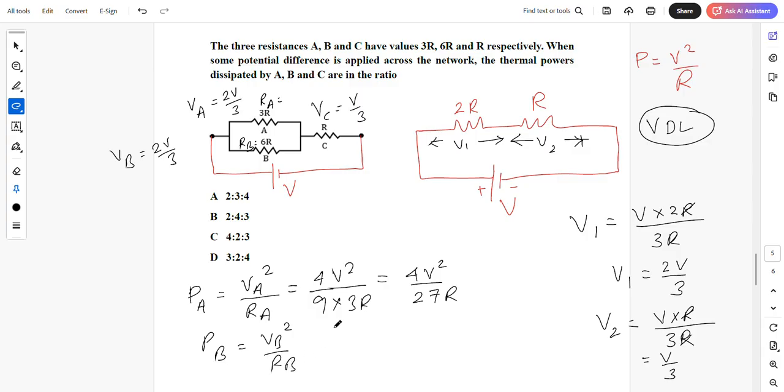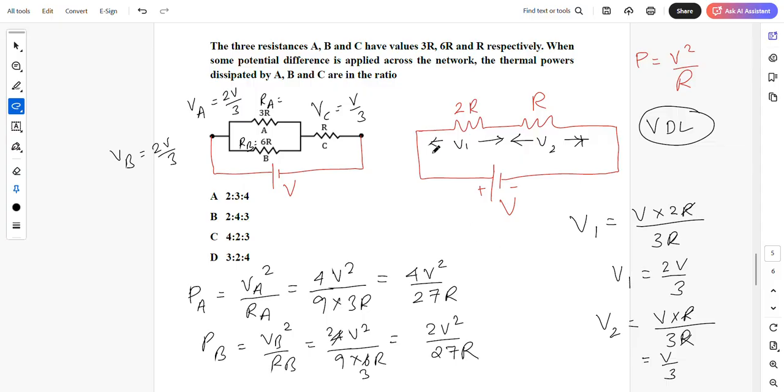Again, VB squared is 4 by 9 V square, divided by RB, which is 6R. That is equal to 2V square by 27R, right?